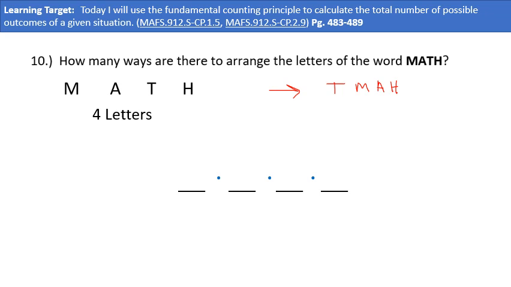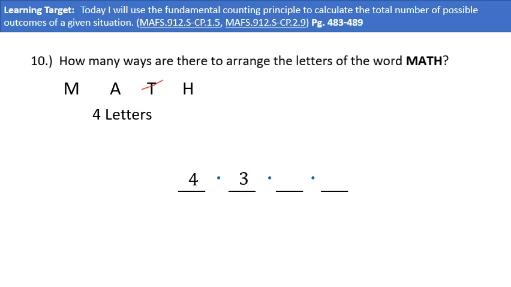Let me erase all that stuff. When I go to choose this first letter, how many different options do I have? I have 4 different options because there's 4 letters here, M-A-T-H. Whatever letter we choose, let's say we choose the T first, that T is gone. Now how many options do I have?